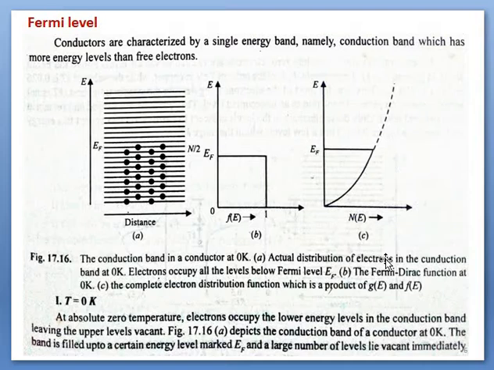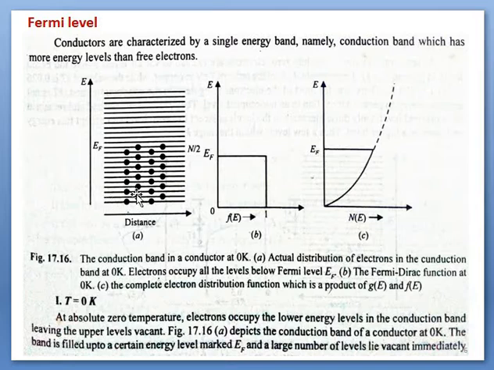Now let's discuss the Fermi level. If you talk about 0 Kelvin, see this figure. All energy levels are filled. It is an energy level, not a state, since a level is filled by 2 electrons. If it is a state, then there can only be a single electron.